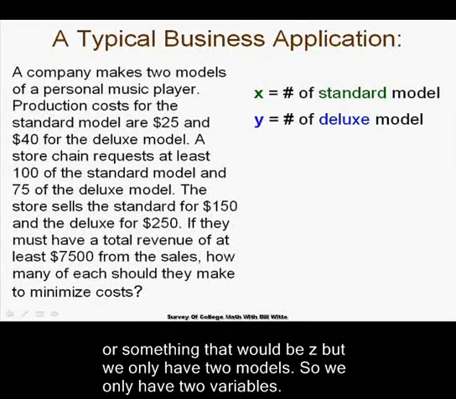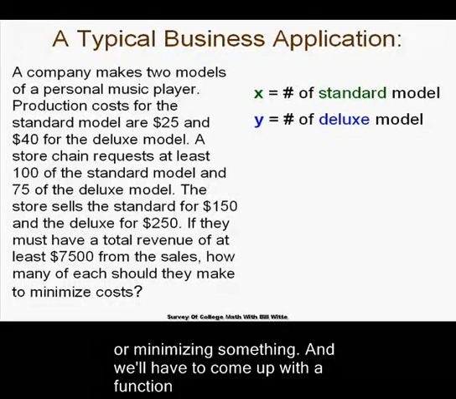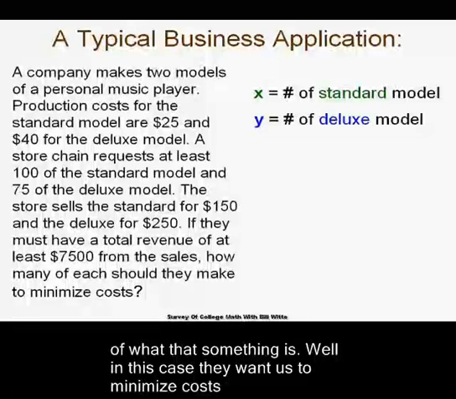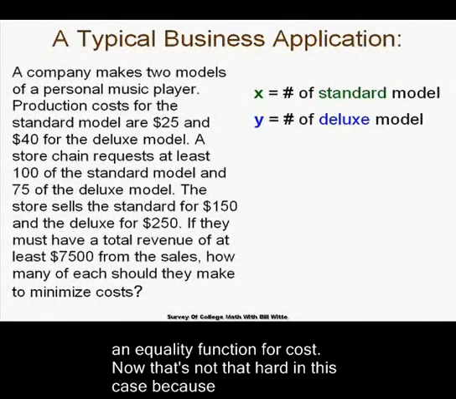Now, these type of problems are always going to have you maximizing something or minimizing something. And we'll have to come up with a function of what that something is. Well, in this case, they want us to minimize costs. So we're going to have to actually come up with, as confusing as it may seem, an equality function for costs.